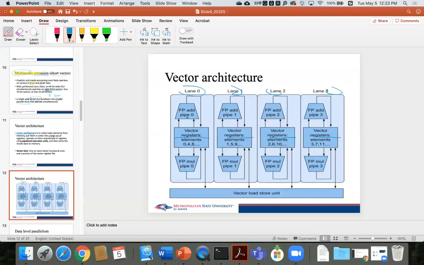Each lane looks exactly the same, with the same ALU calculations, such as addition and multiplication, and each of them deals with different data. For example, if I have 12 data elements, I can select 3 of them to put in lane 0, another 3 here, another 3 here, and another 3 here, and then they all perform the same calculation.